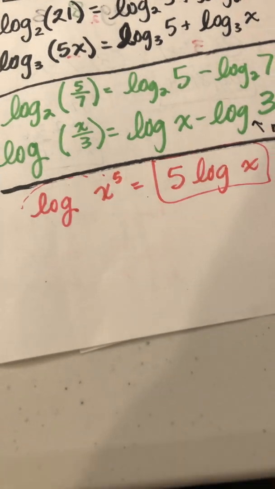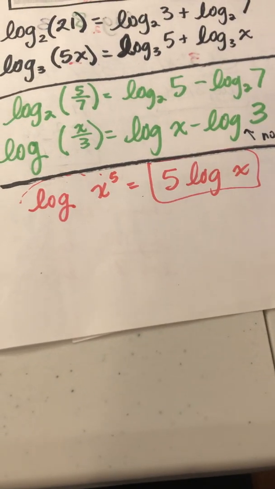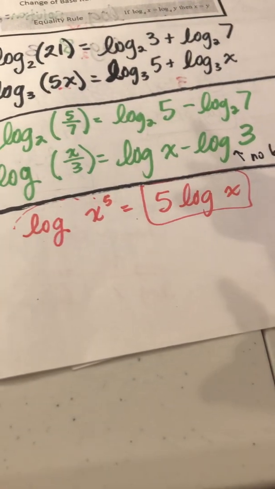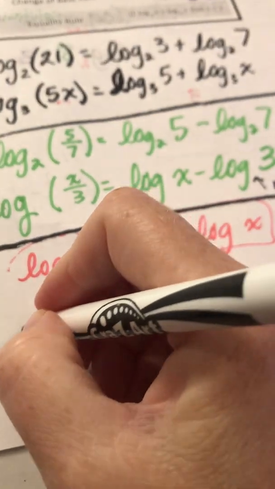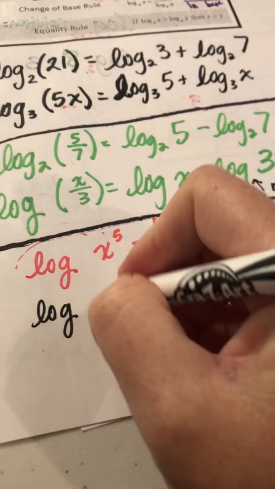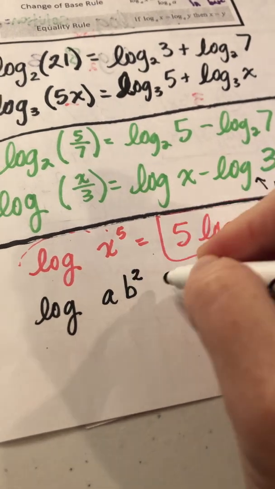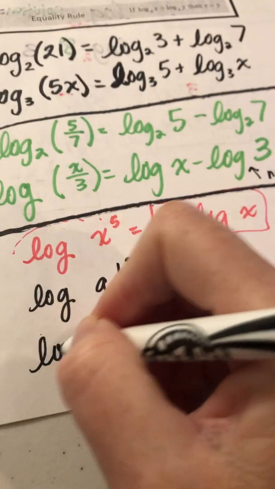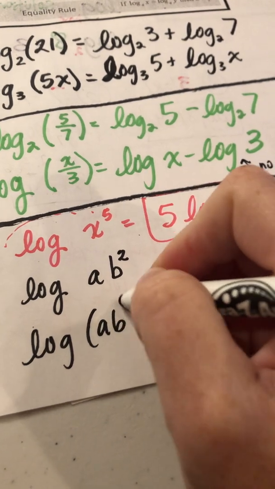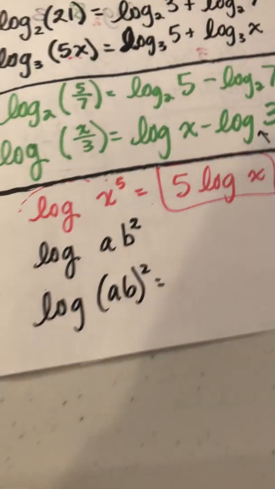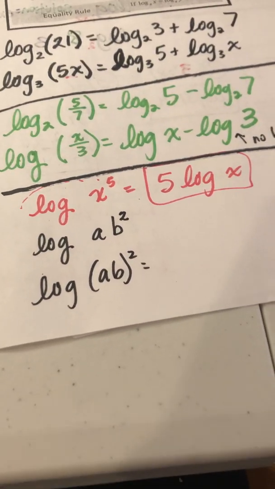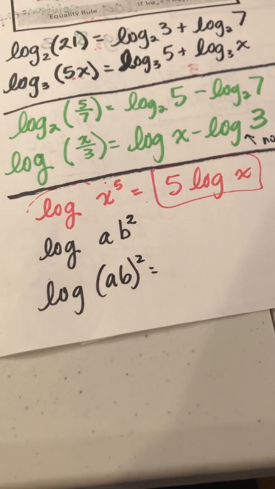Okay, so here's where kind of we hit the road here just a little bit. Let's see if you can see the difference between log AB squared versus log AB squared. How would those write out differently?